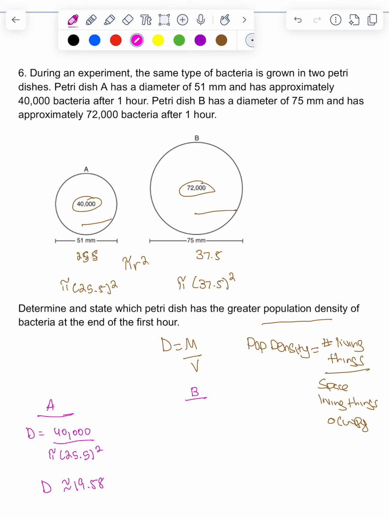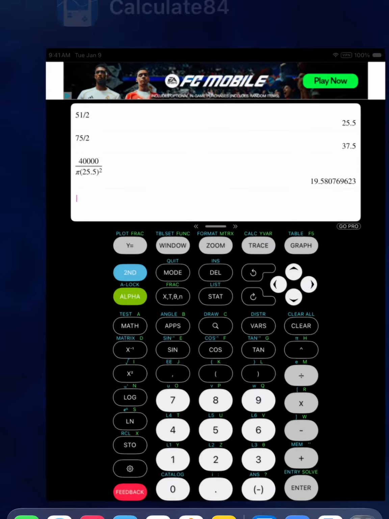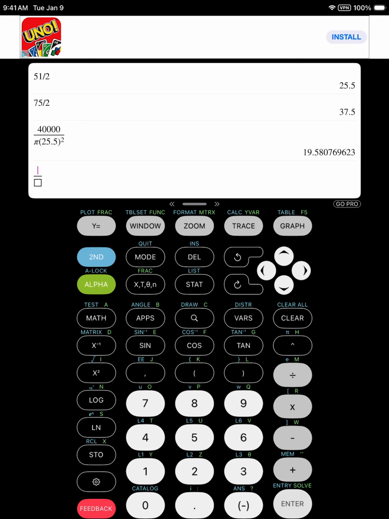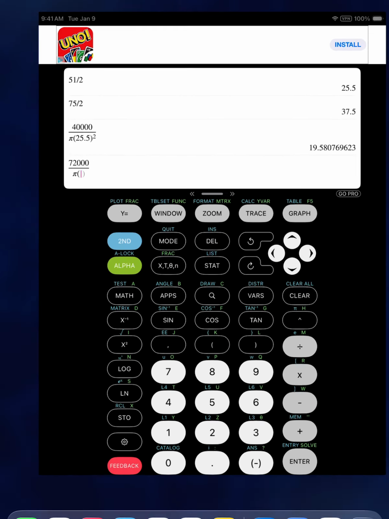And for petri dish B, that's 72,000, the bacteria after the hour, divided by the space they occupy, pi times 37.5 squared. What was that radius again? 37.5.